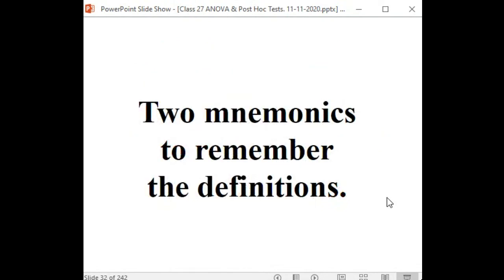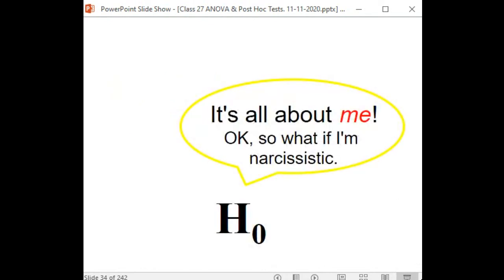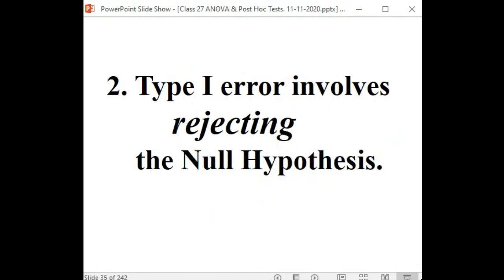There are two memory tricks, two mnemonics that can help you remember the definitions. First of all, it's all about the null hypothesis. So here's a cartoon of the null hypothesis saying, it's all about me. The second mnemonic is that type 1 error involves rejecting the null hypothesis.